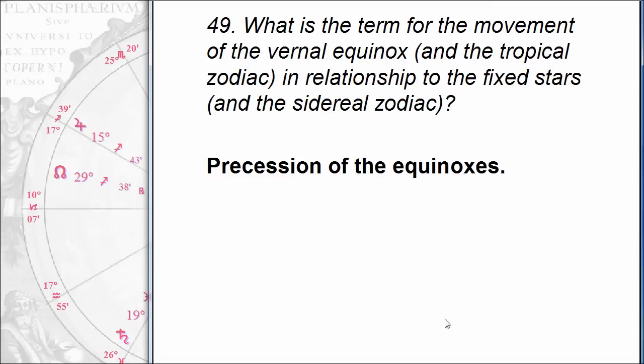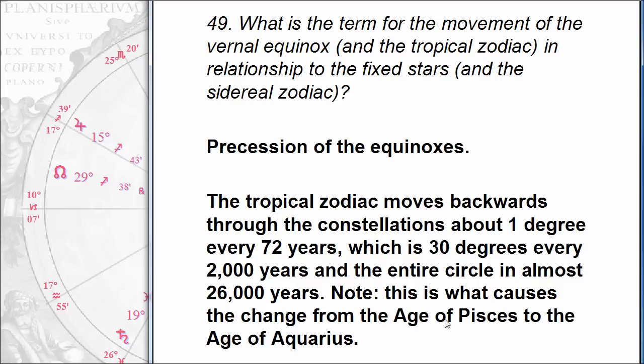So it's the wobble of the Earth that causes this precession of the equinoxes, which is the movement of the vernal equinox through the stars, which is also the movement of the zodiac, because the vernal equinox, which is the intersection of the ecliptic plane and the celestial equator, is the beginning of the tropical zodiac, and it moves through the stars 1 degree every 72 years.